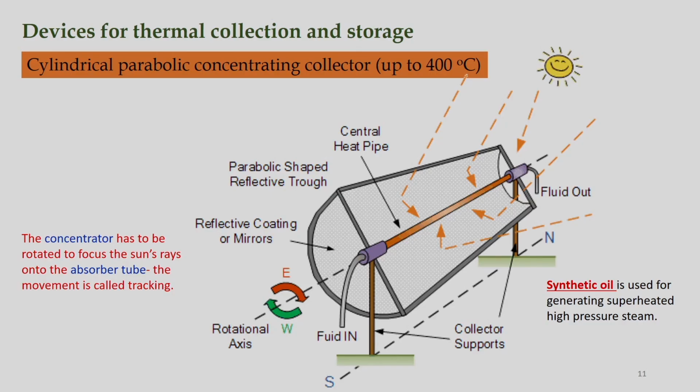There are two tubes because convective losses need to be minimized, and because of that we get high temperature operation. So there is one absorber made of steel, and over it there is an annulus tube, and then vacuum is maintained to reduce the convective losses.